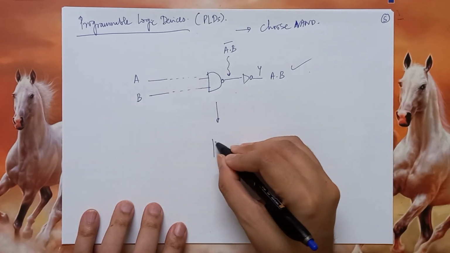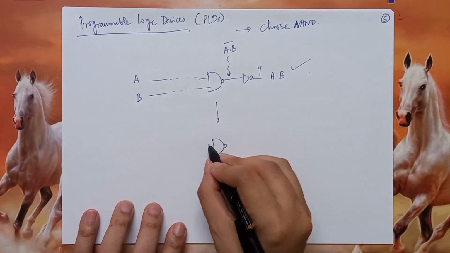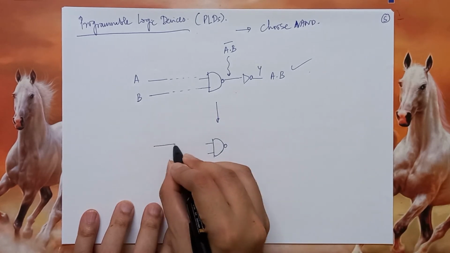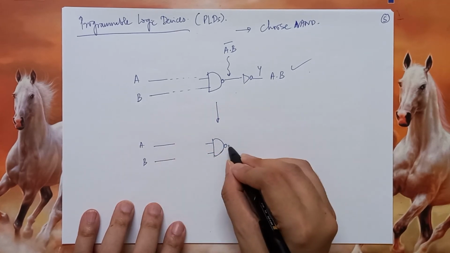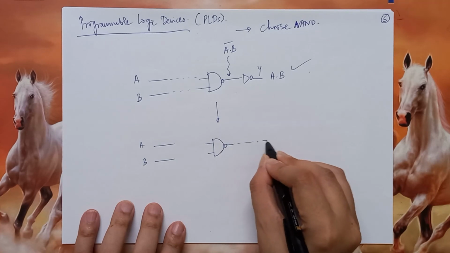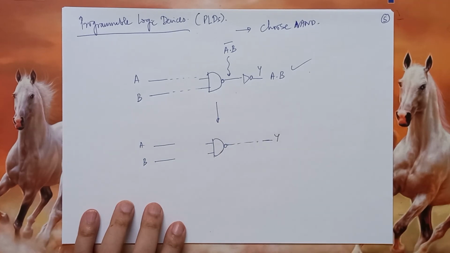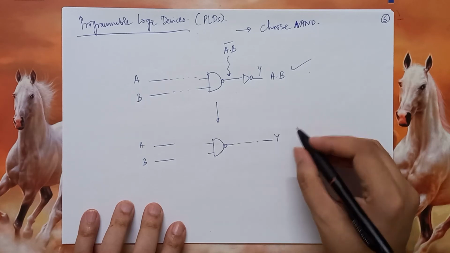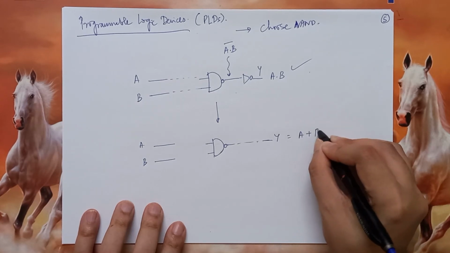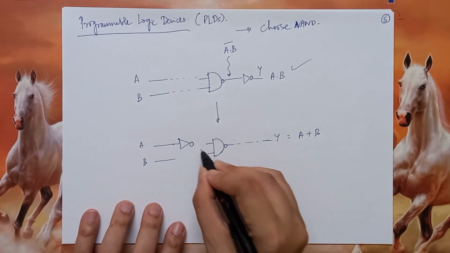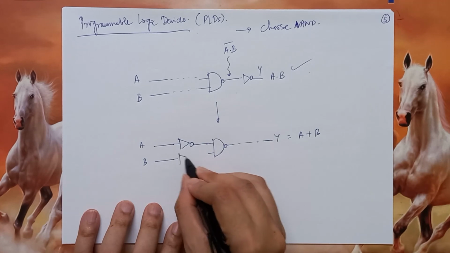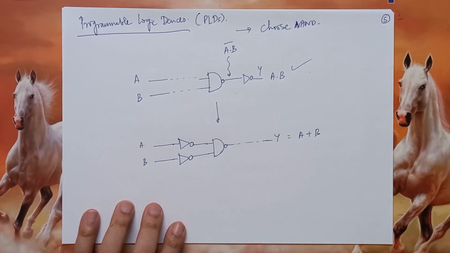Now suppose I have this exact same gate which does not change, which again has two inputs, and my system has two inputs A and B and another output Y. Now I want to realize the sum, Y equals A plus B. How will I do that? Very simple. All I need to do is connect a NOT gate over here at the inputs, and the output is directly connected.